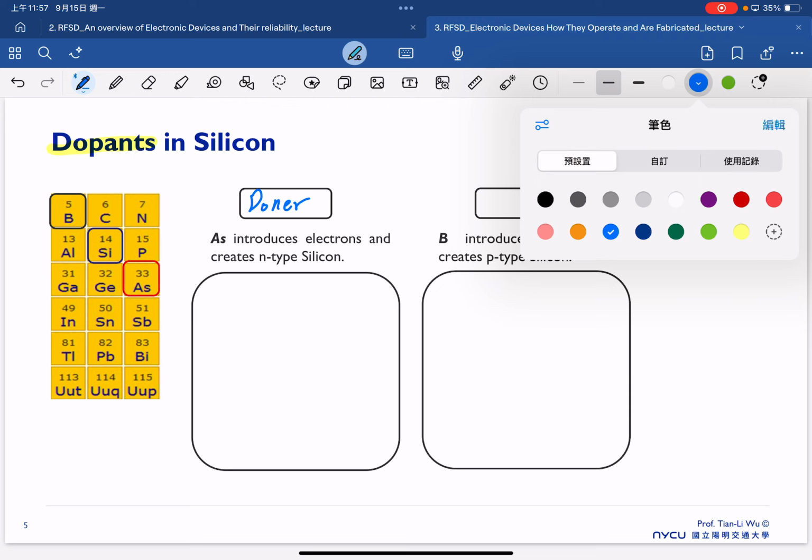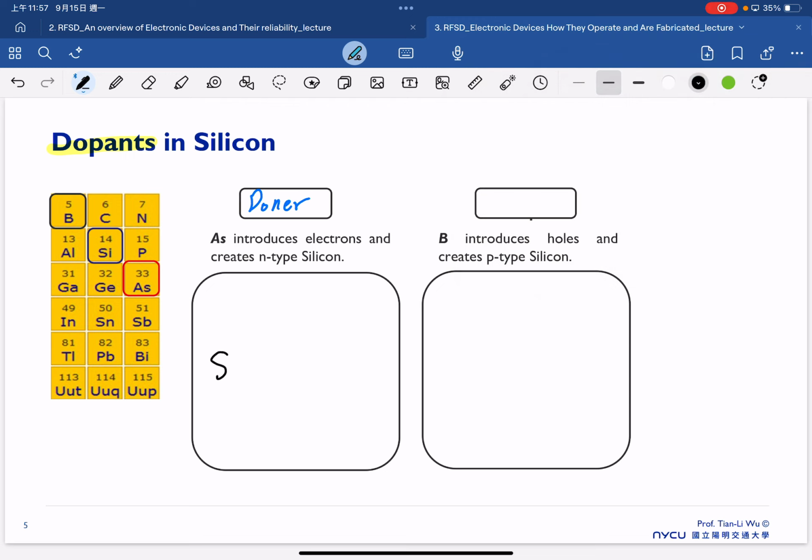So imagine that you have silicon atoms in the lattice. As we all know, in the outer shell of silicon we have 4 electrons, and each can connect with another electron from a neighbor, so we can form the bonding here.